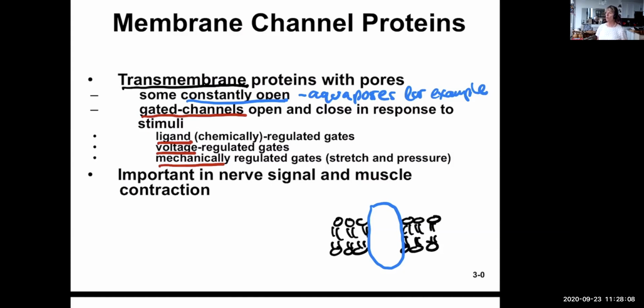So for example, the walls of the bladder tend to stretch, and that can cause some channels to open. Very important in nerve signal and muscle contraction. That is because muscle contraction takes place almost instantaneously, as do nervous signals. So those gated channels have to open just like that, and they do in response to currents.